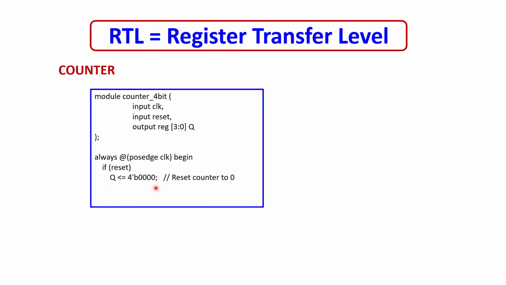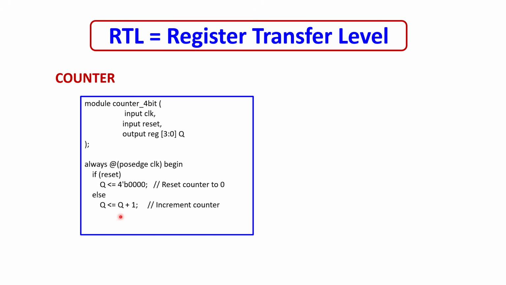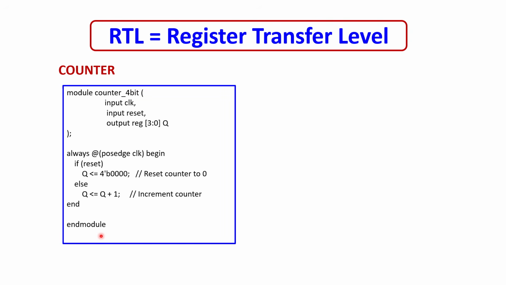If reset is equal to 1, clear it, so the counter becomes 0000. Else, if reset is not 1, if it is 0, what happens? The counter increments by 1 and the value is stored in Q. This is the counter operation. After doing this, we end the module, and this is the RTL code for the 4-bit counter.